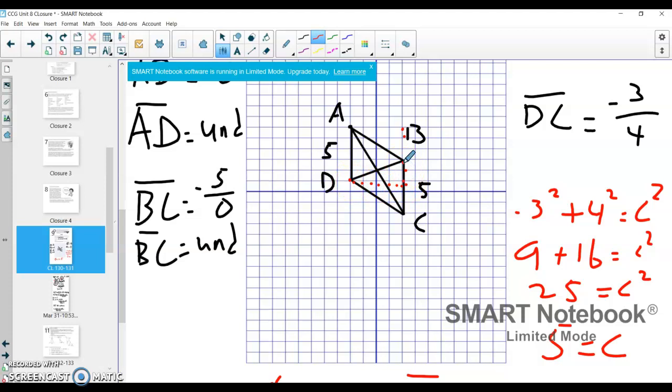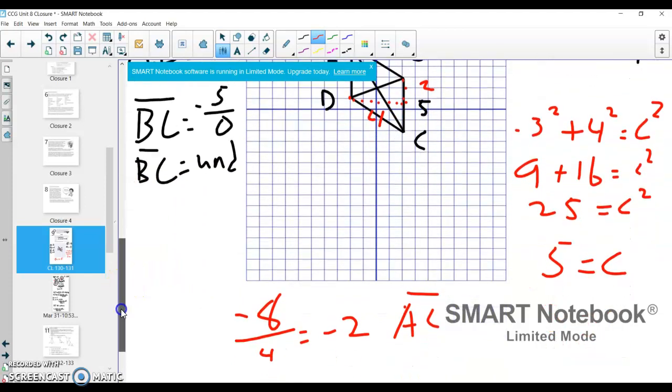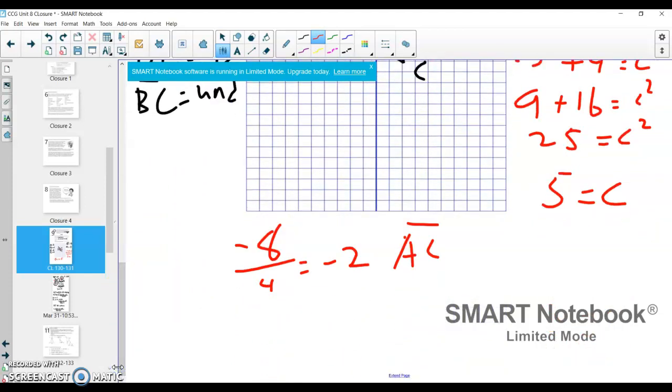And that looks like I went up 2. And it looks like I went over 1, 2, 3, 4. And so I have a rise of 2, a run of 4. So that's 2 over 4, which reduces down to a positive 1/2 for BD.